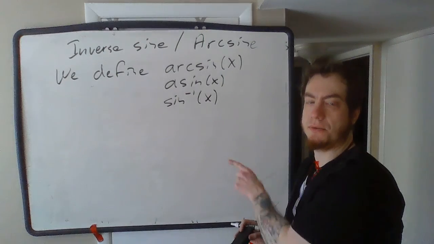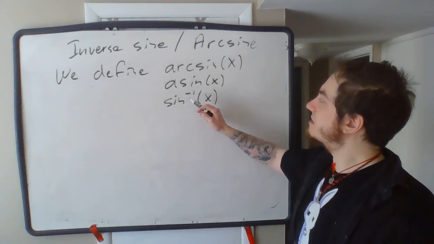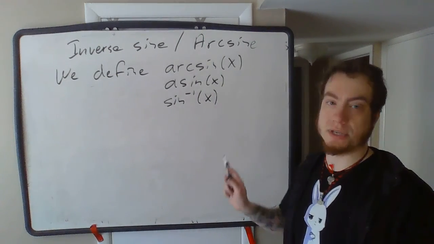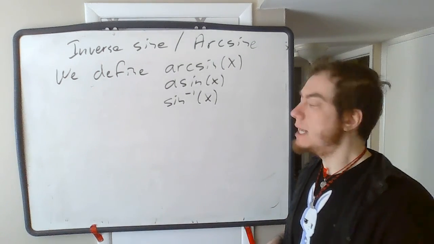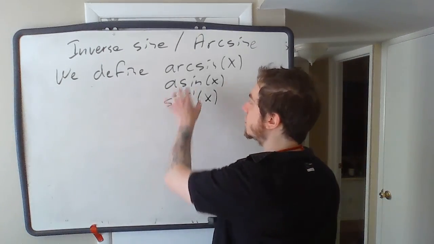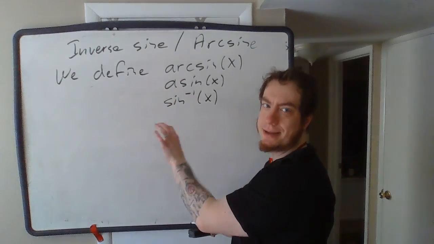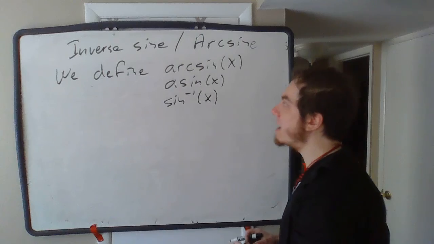The reason I say this is confusing is because this makes it look like it's an inverse function for the sine function, and there is no such thing because sine is not one-to-one. So you have to remember that this really refers to a special definition that we're about to give here.